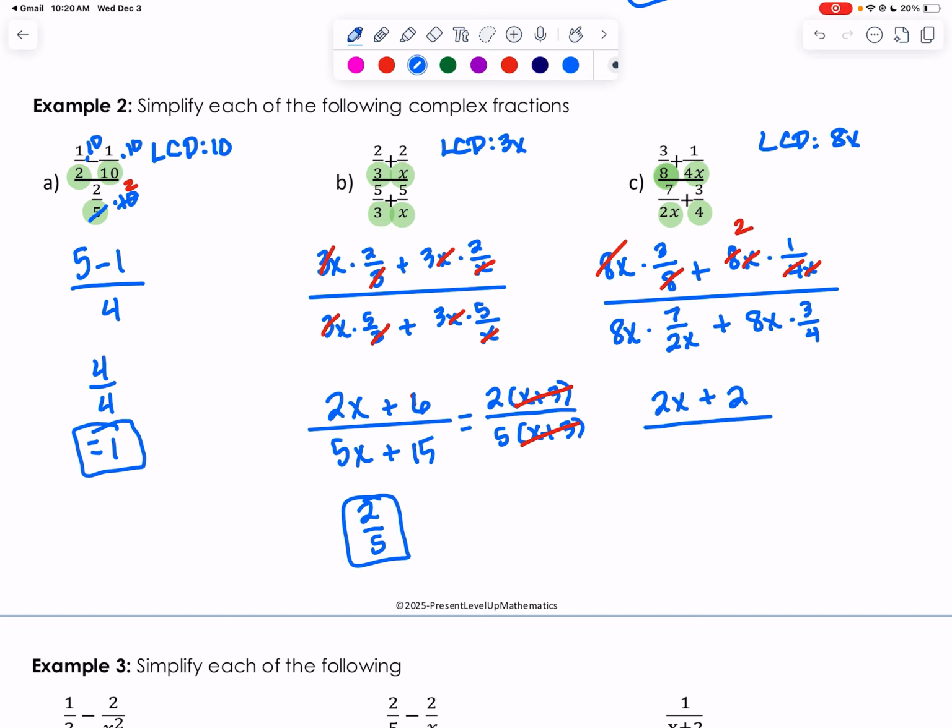On the bottom, the x cancels with the x. The 2 goes into 8 4 times. So 4 times 7 gives me 28. Our next fraction, 4 goes into 8 2 times, leaving me 2x times 3, which would be 6x.